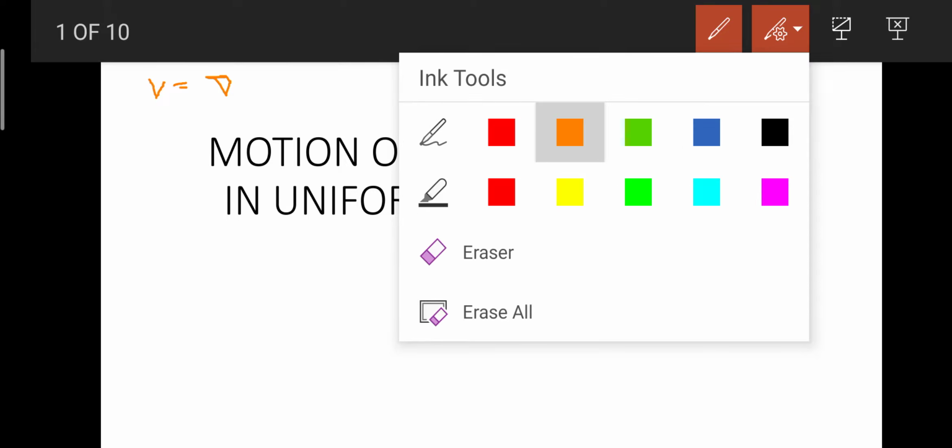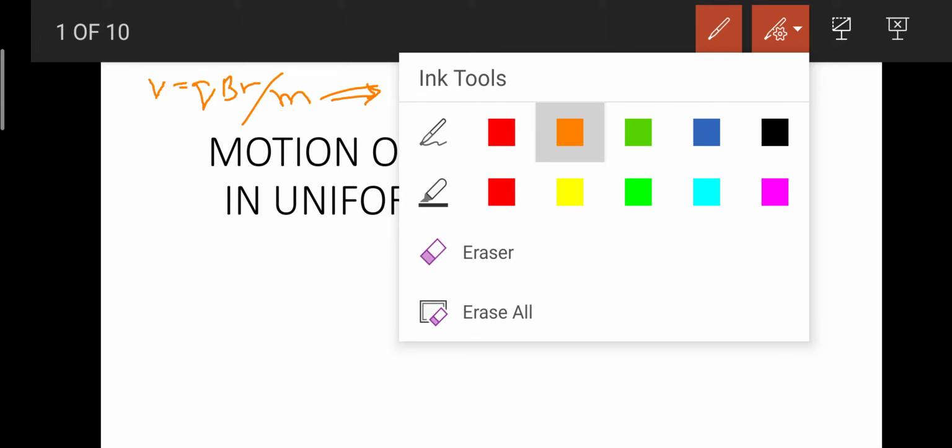So from the previous step, we had derived the value of v, which was qBr divided by m, right? Now from this equation, if I want to get the value of r, what is going to happen?